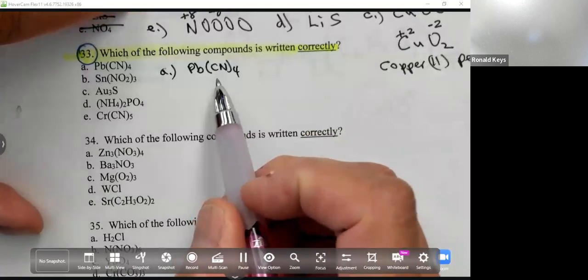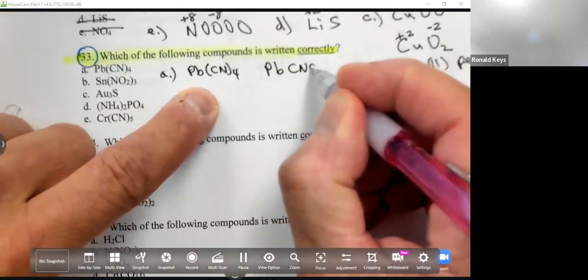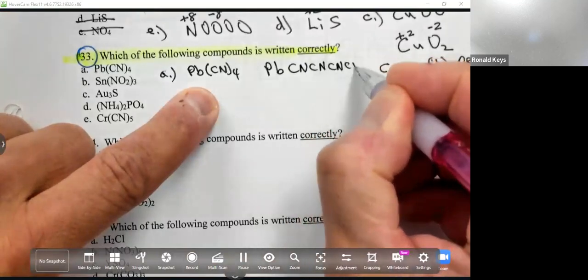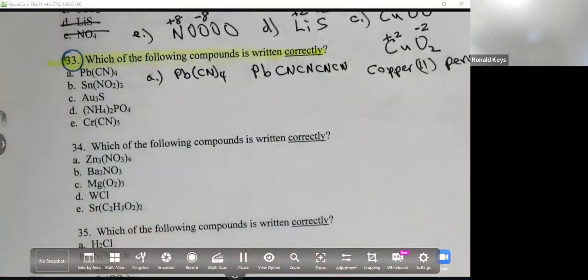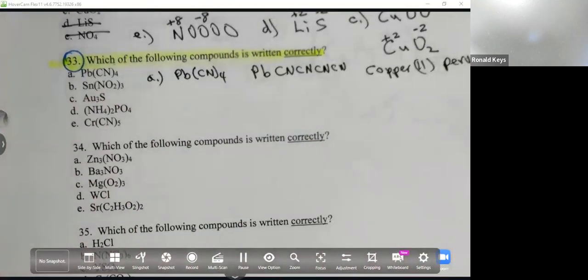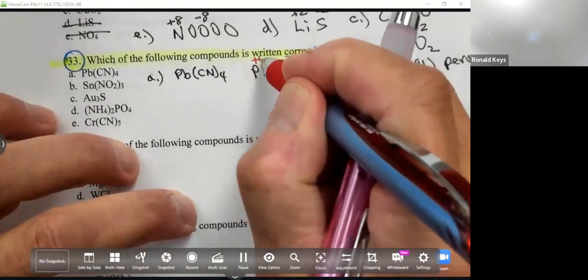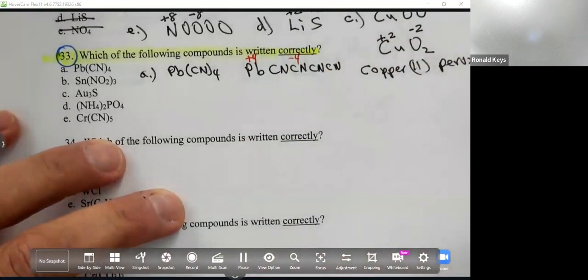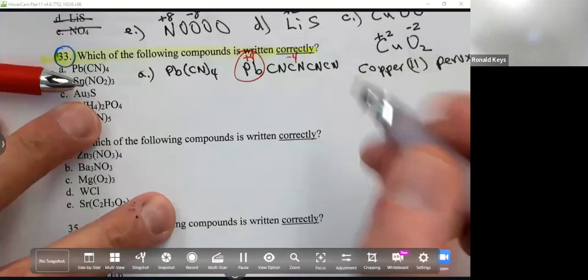The CN here is cyanide, and we've got 4 of them. 4 of them at -1 each gives us -4 on those 4 cyanides. That means lead would have to be a +4. This one looks good. There is a lead 4. That's good.